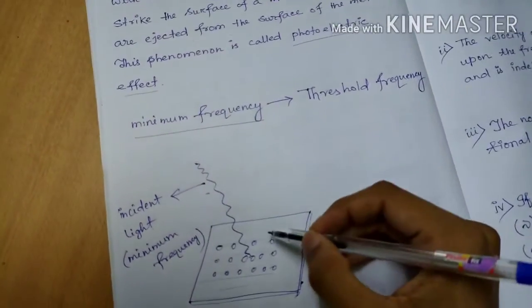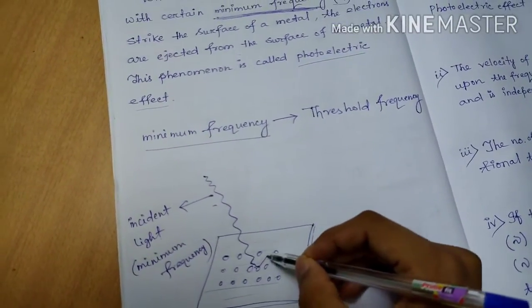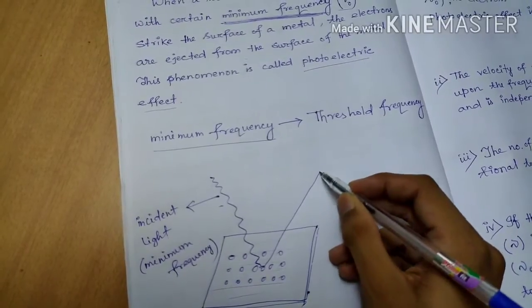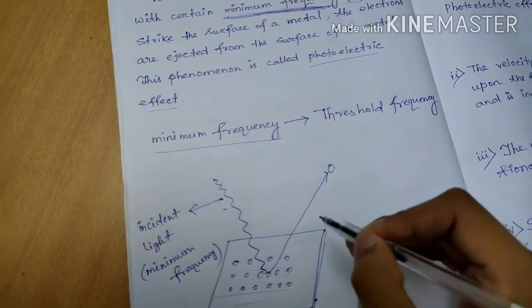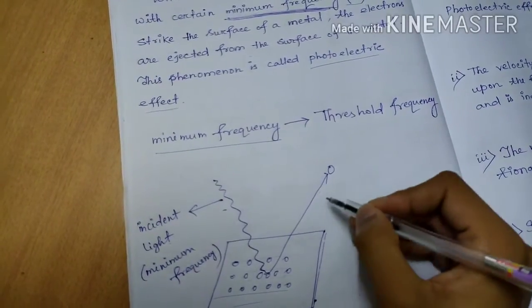This electron will be emitted like this, and now this electron will come here.